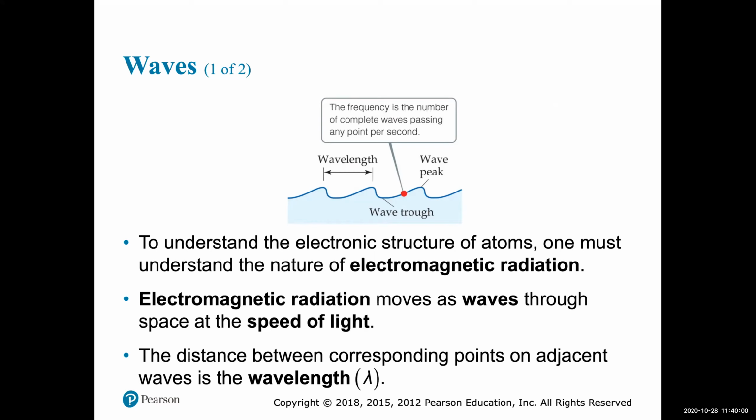A wave, in the cartoon here, they're showing it like a wave in an ocean, and that's really what we're talking about. And so the distance between those crests of the wave is called the wavelength. So literally the wavelength. That upside down y is the symbol for that, lambda. And so we express the size of the wave as its wavelength. The length of its wave is its wavelength.